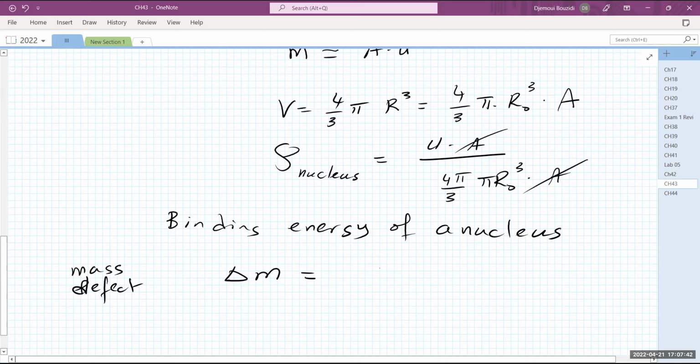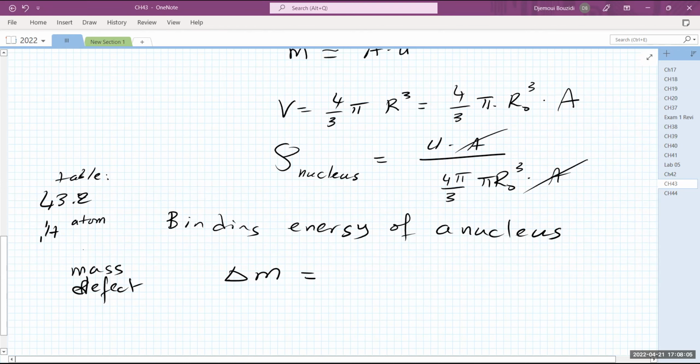If you look at Table 43.2, it gives you the mass of certain elements. One of them is the hydrogen atom.